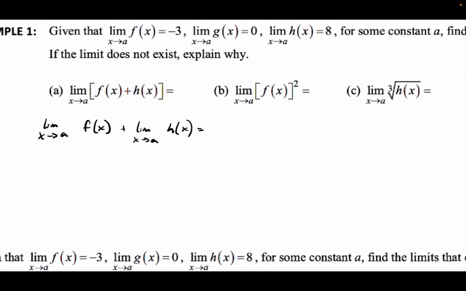I know that the limit as x approaches a for f is -3. So this guy here is going to be -3 plus, and then I know the limit as x approaches a for h of x, they tell me that's +8.